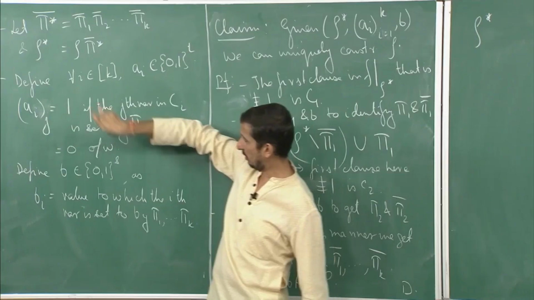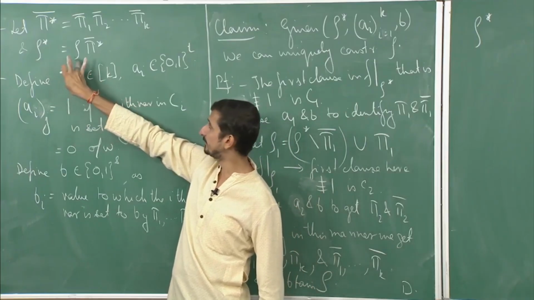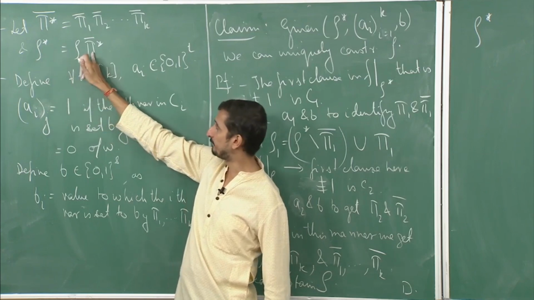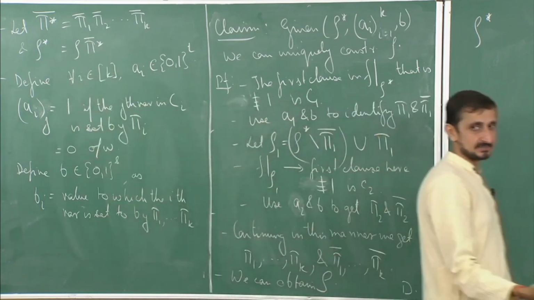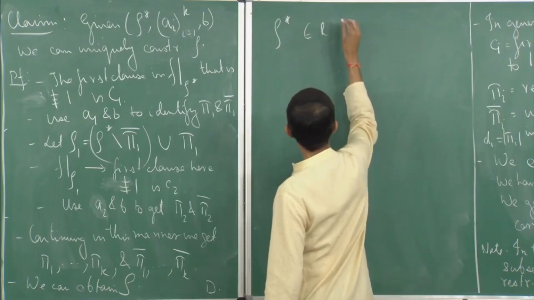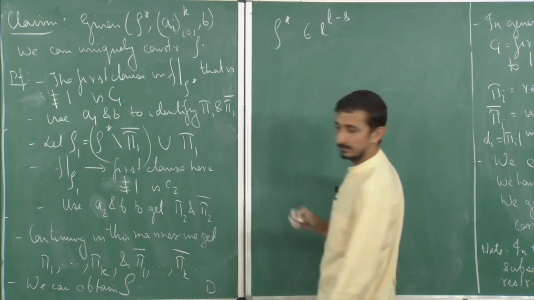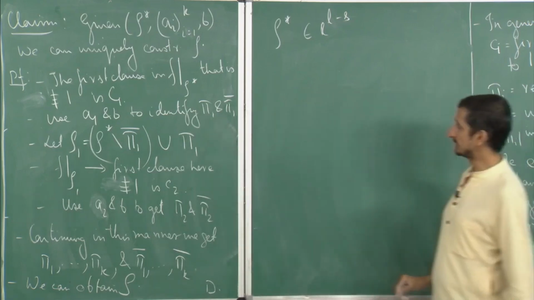So, already I have l variables restricted by rho, and pi star bar is restricting another s variables. Okay. So, rho star belongs to r to the power l minus s. Okay. So, that many variables remain free. So, that part is done.